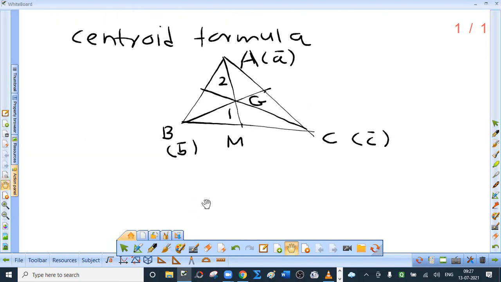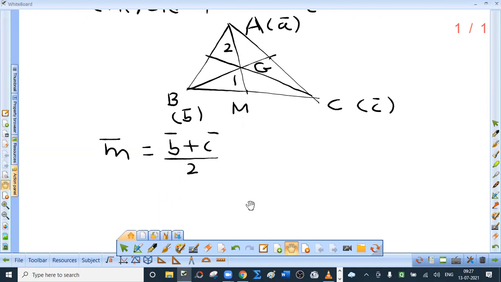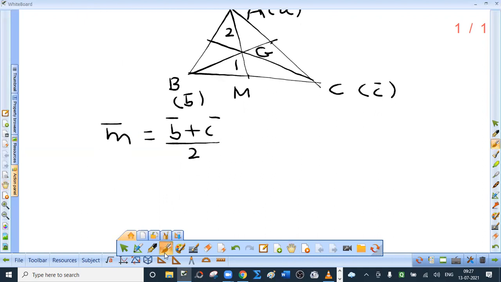Now, can you tell me the position vector of the point M bar? M is the midpoint of BC, so it is (B bar + C bar)/2. It's a corollary of the section formula for internal division, so obviously we'll be using that. So M bar is (B bar + C bar)/2.